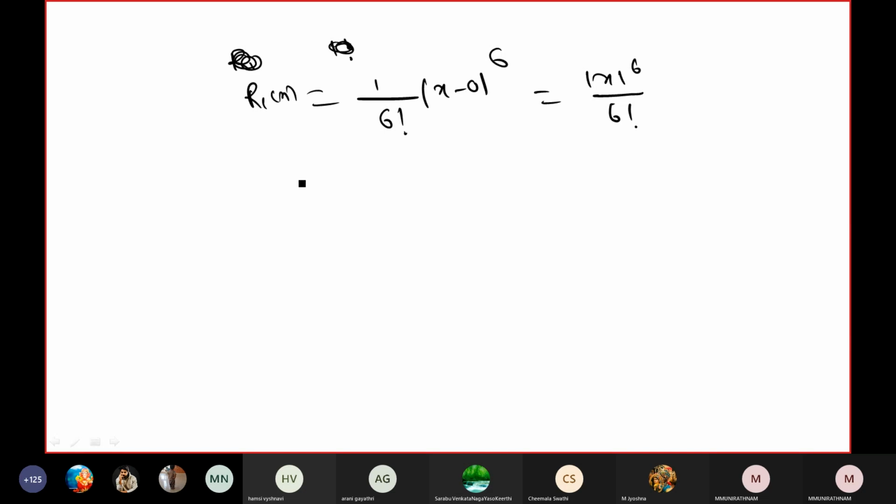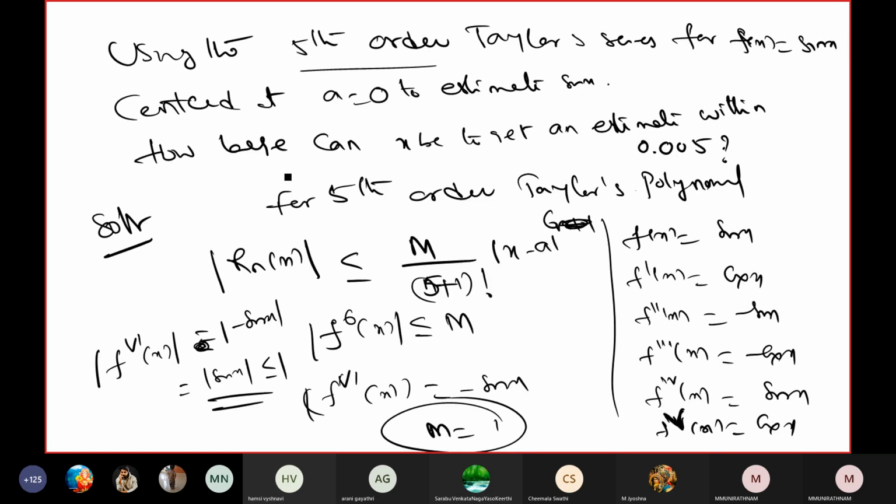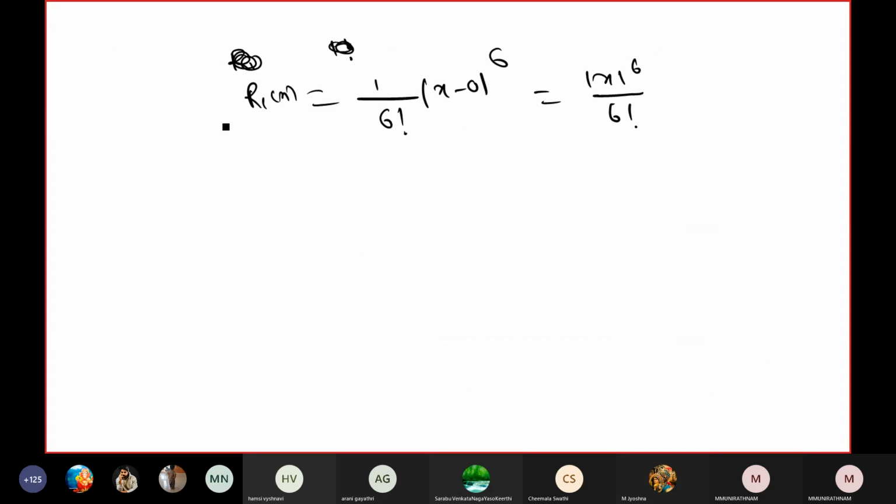How large can x be taken so that the error is within 0.005? Okay. So mod x power 6 by 6 factorial is less than or equal to 0.005.